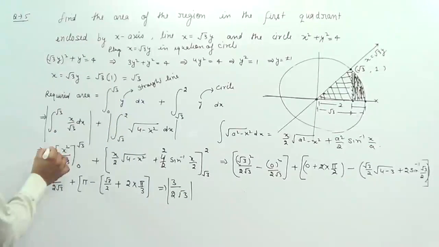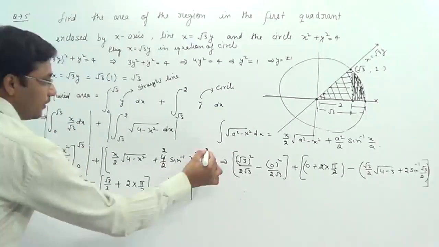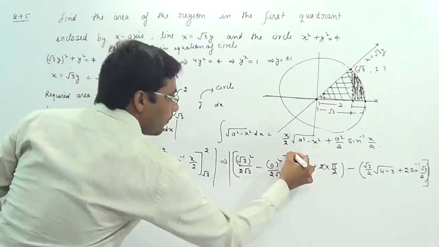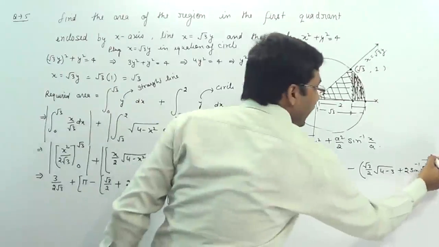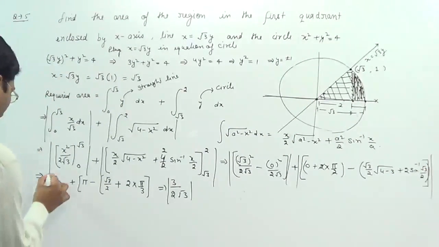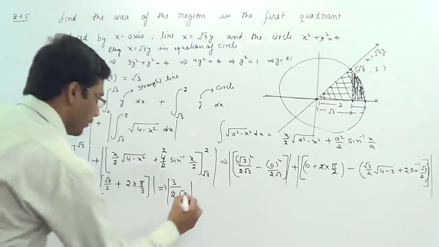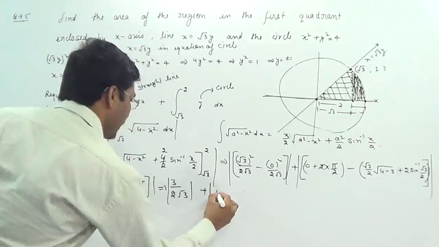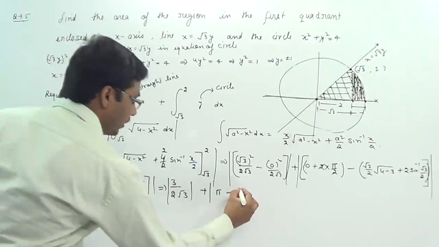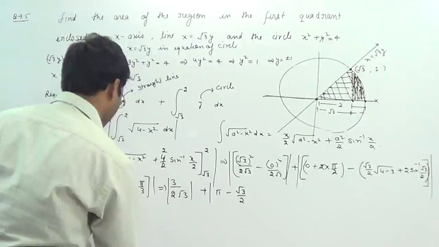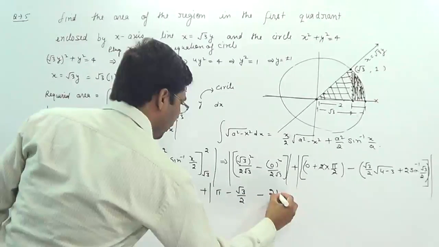And yeah, I forgot one thing. There is a mode sign, because value of area cannot be negative. There will also be a mode sign. So we'll get plus pi minus root 3 upon 2 minus 2 pi by 3.